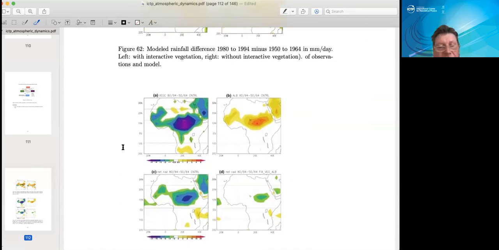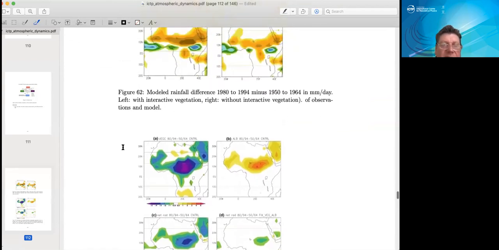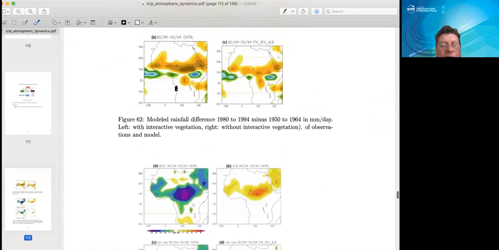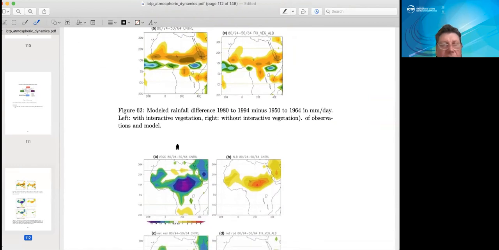So he said, okay, imagine there are dry conditions induced by other forcings, sea surface temperatures, that impose a reduction of rainfall. What will be the impact on vegetation cover? As you can easily imagine, the vegetation will come under stress.